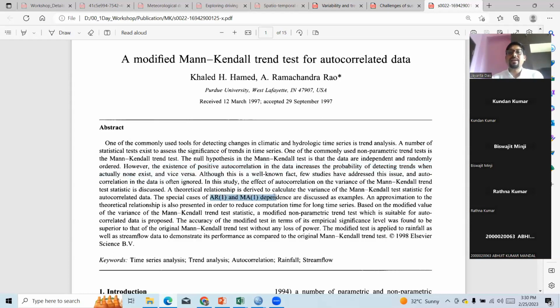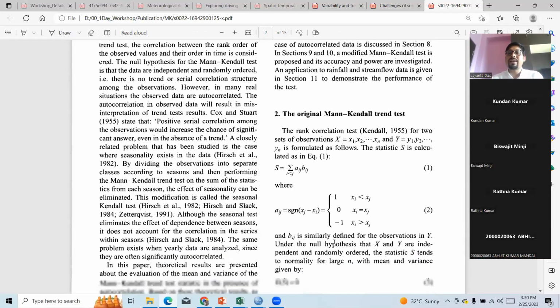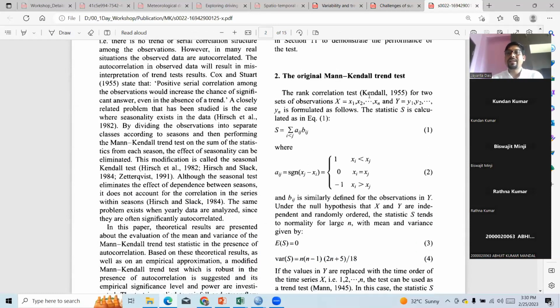to detect this trend. If you check here, the original version of the Mann-Kendall test was proposed by Kendall in 1955 and Mann in 1945. This is a simple formula, a rank correlation test for two sets of observations. If you consider one set of observations against time, then we can consider it a time series data.